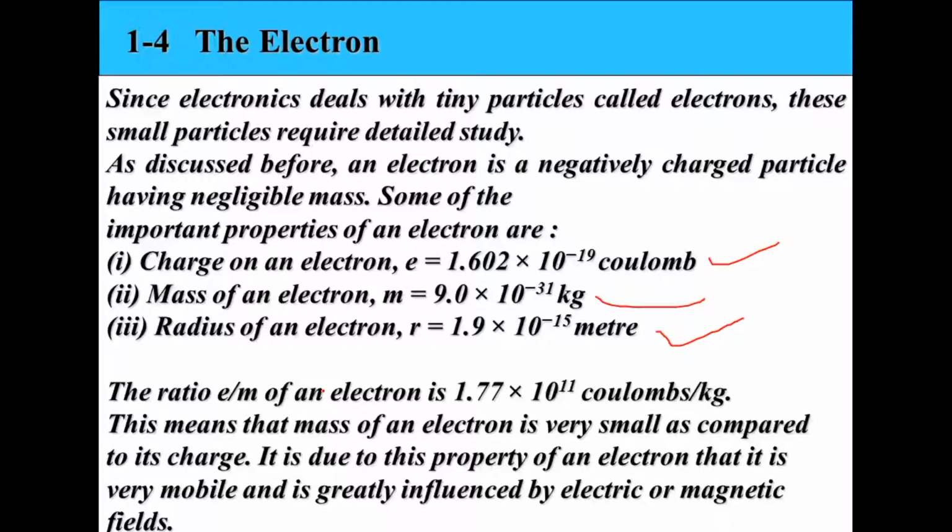That is, an electron is very, very light, which makes it very mobile. An electron can move around an outer shell or around an orbit, which is one of the important properties of an electron. It has a very light mass.